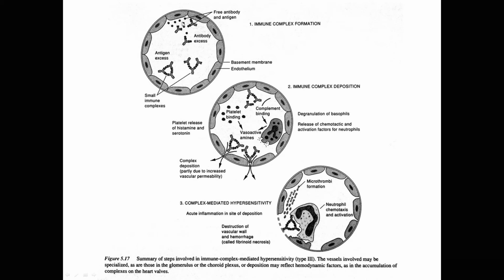The antibody and antigen are present in the blood, complexes form, and the complexes deposit on the surface of the endothelium, activating platelets, with release of histamine and serotonin, release of chemotactic and activation factors for neutrophils, degranulation of basophils, and finally destruction of the vascular wall.